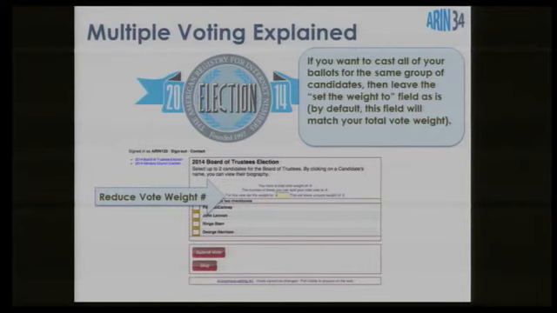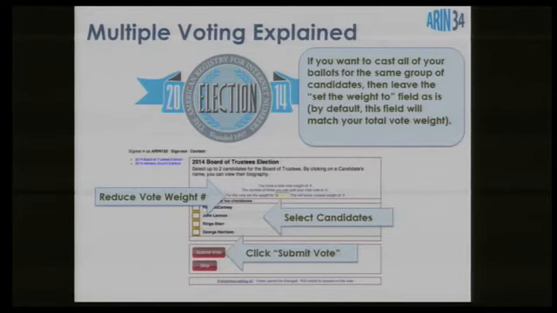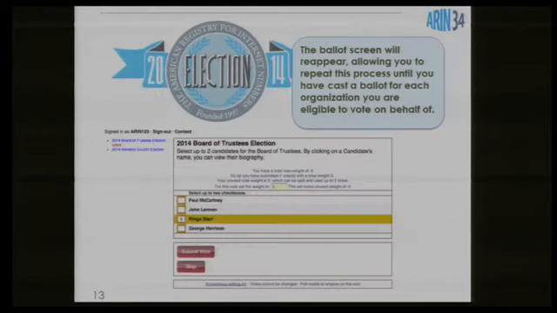But let's say I have my 6 votes here. 3 of my orgs want me to vote one way. The other 3 of my orgs want me to vote the other way. So here's how that process would work. I would select the candidates. I would reduce the vote weight field there, change it from 6 to 3. I'll select, let's go with Ringo Starr and John Lennon here.